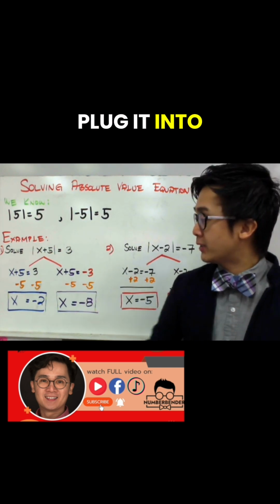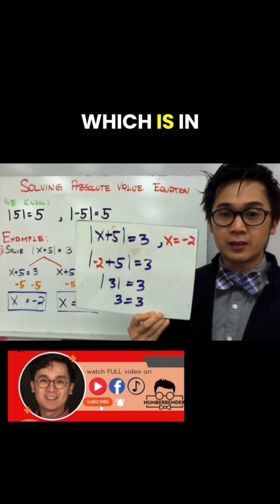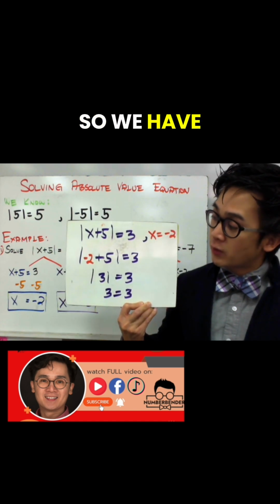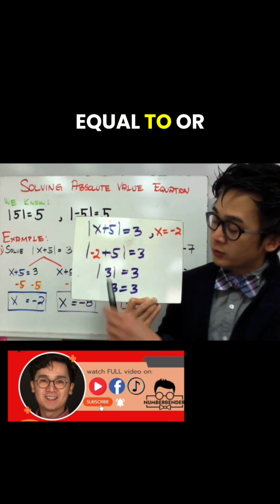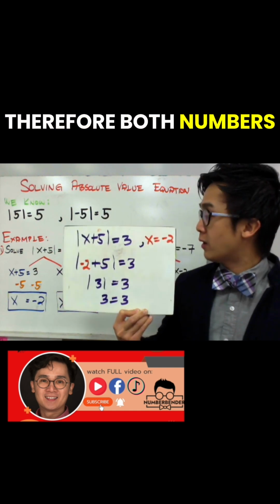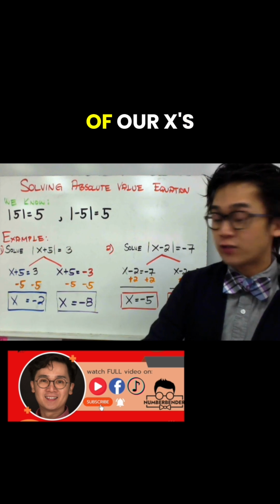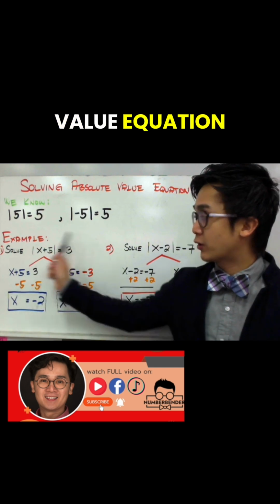Also, if I plug in x equal to negative 2, we have negative 2 plus 5 is equal to 3, and the absolute value of 3 is also equal to 3. Therefore, both values of x, negative 2 and negative 8, are true for our absolute value equation.